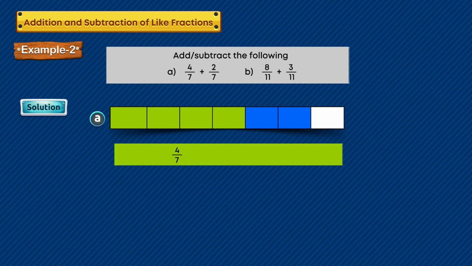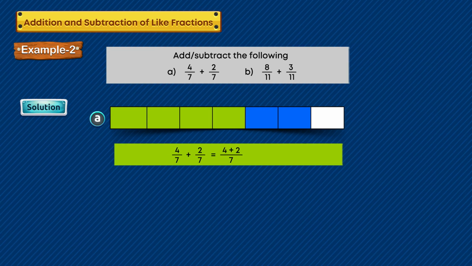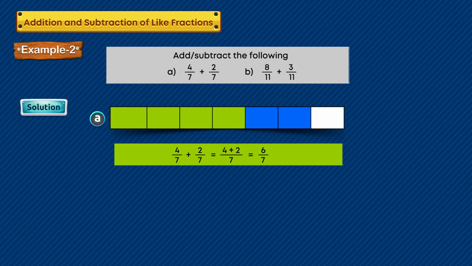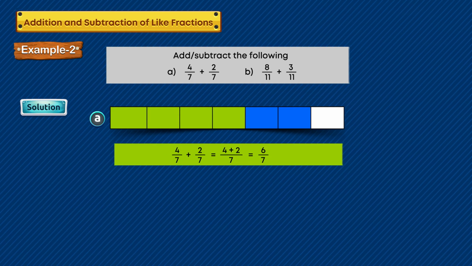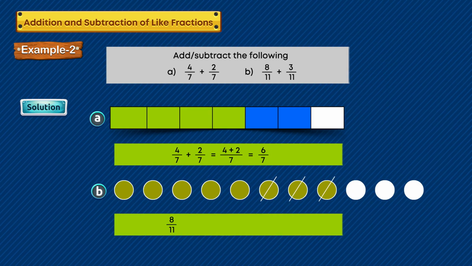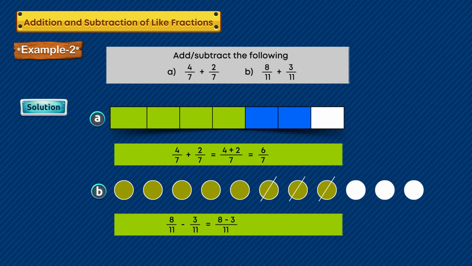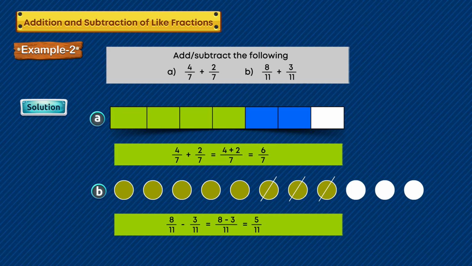A. 4 by 7 plus 2 by 7 is equal to 4 plus 2 by 7 is equal to 6 by 7. B. 8 by 11 minus 3 by 11 is equal to 8 minus 3 by 11 is equal to 5 by 11.